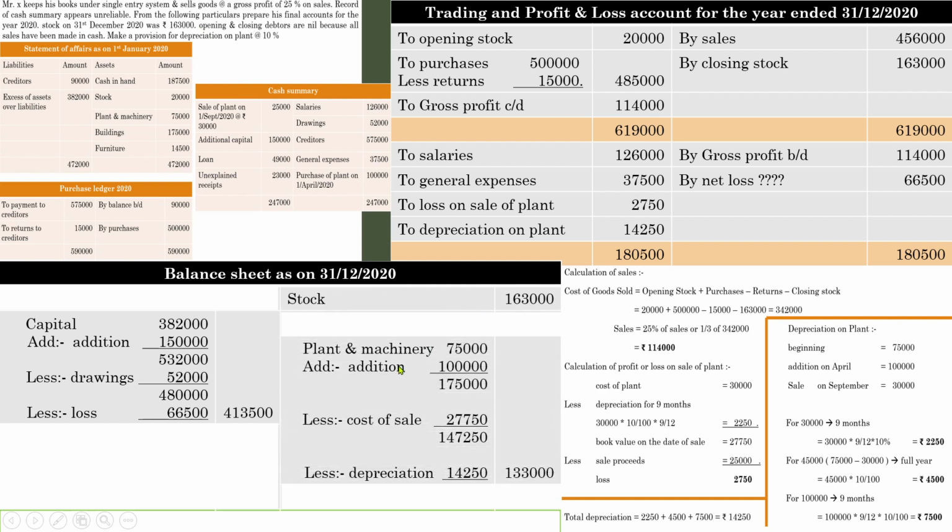Next one, plant and machinery. Plant and machinery at the beginning is 75,000, but during the period we have made necessary adjustments, and apart from that there was a purchase of a particular asset. So you need to show that. So beginning 75,000.